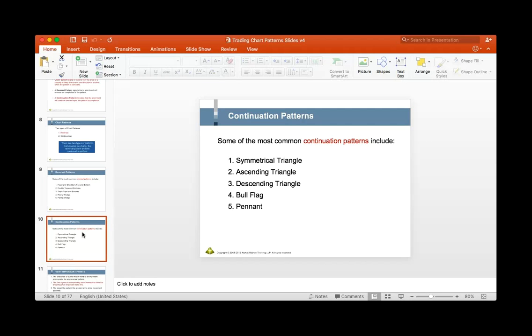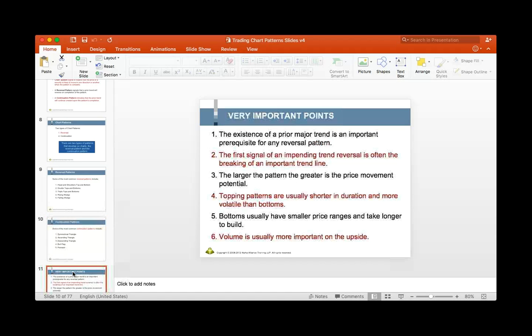So these are what we call continuation patterns. So far we learned that there are two types of pattern, continuation and reversal, and inside each category there are different types of continuation pattern and different types of reversal pattern.